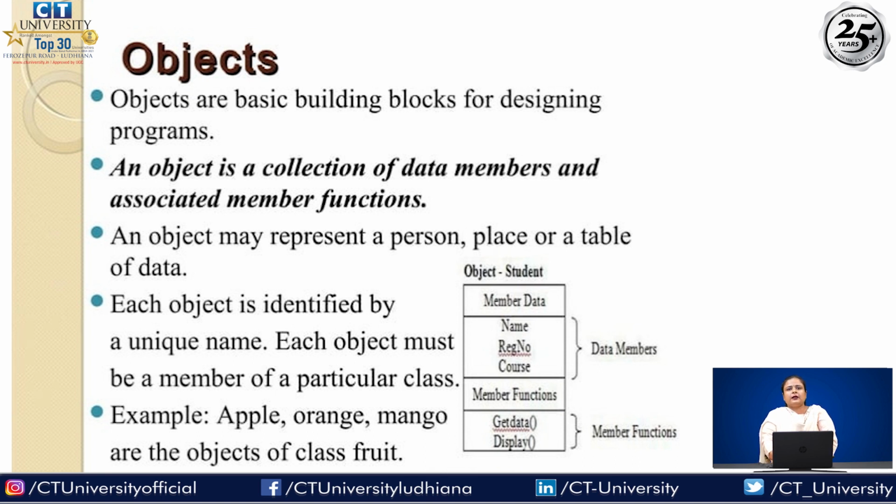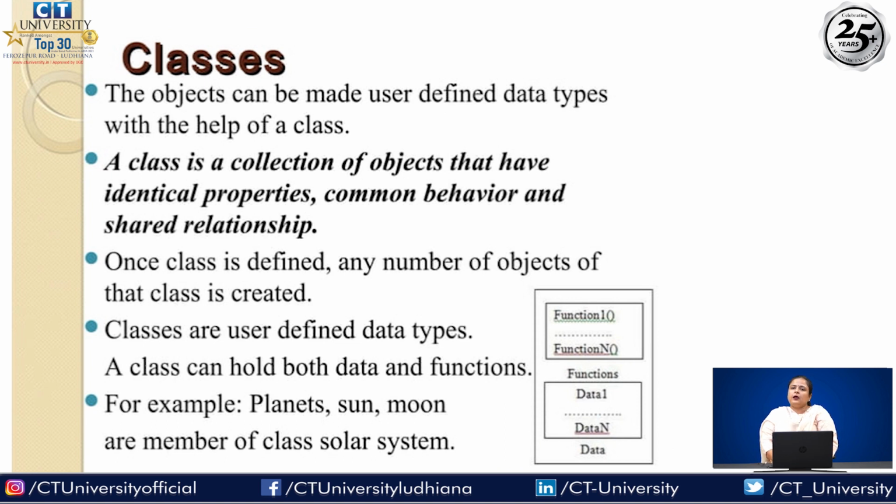But objects are always associated with a class. Basically a class is another user defined data type. Objects are a blueprint that are used to access the class. But what actually is the class? Basically a class contains the behaviors and the attributes of any object.